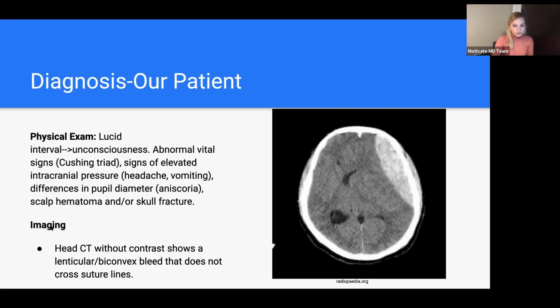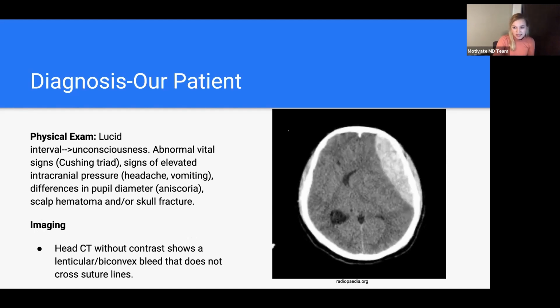Great question. On imaging, so here we have, again, that lenticular shape, and then evidence of that scalp hematoma from swelling here. There, we can see this is also bright white, so there's some blood in there. It's lenticular because it does not cross the suture lines like in the subdural where it was crescent shaped. Good.